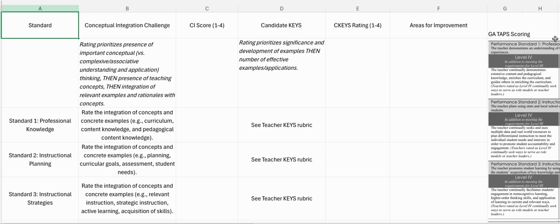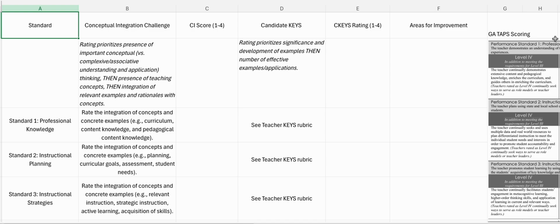But this gets to why portfolios are so helpful, because we can see that with help, this particular teacher candidate is able to integrate important concepts, and she is able, when writing, to produce a certain amount of consistency in her actions and decision making as a teacher.